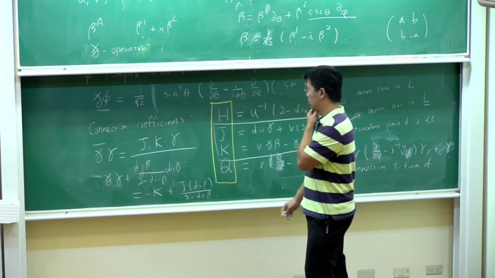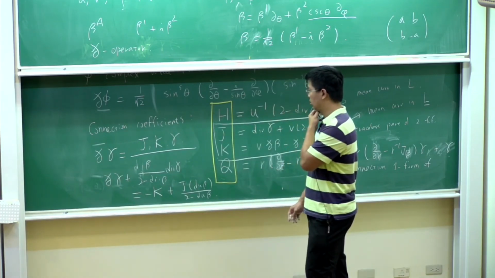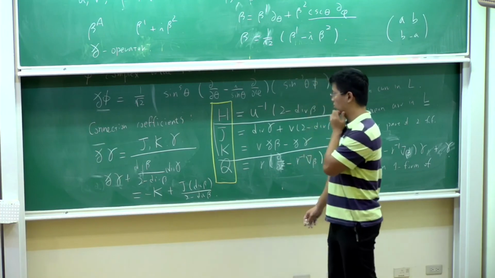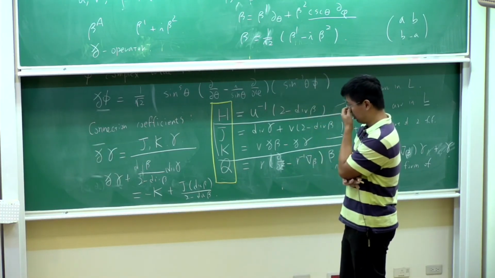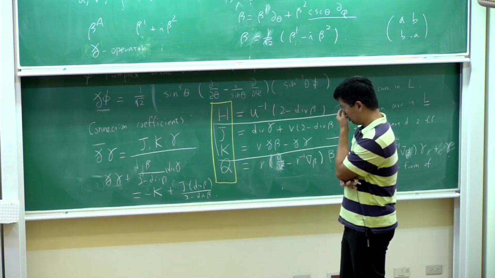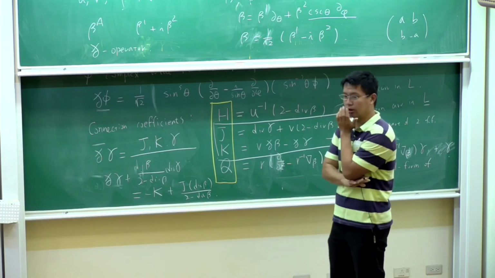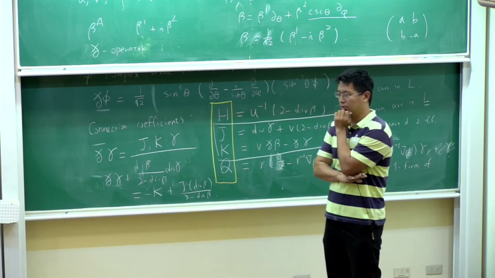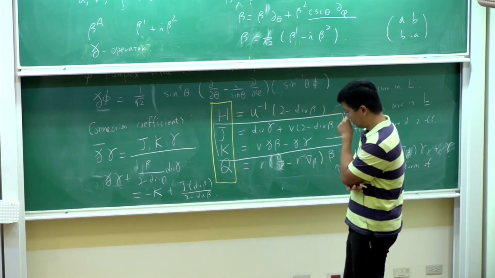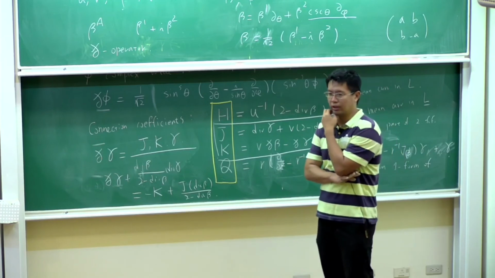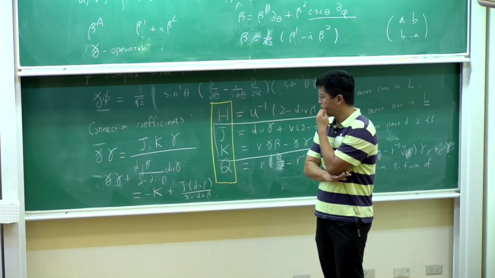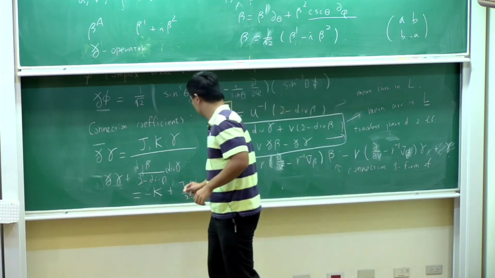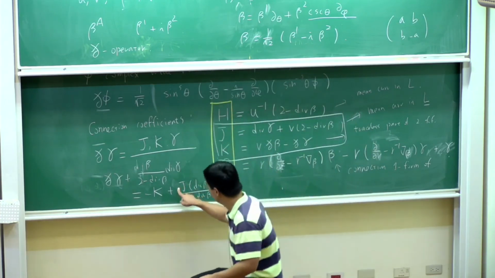Then don't you have to make sure that your right hand side is perpendicular to the kernel? Right, I think one has to. Yes, one has to make sure of that.